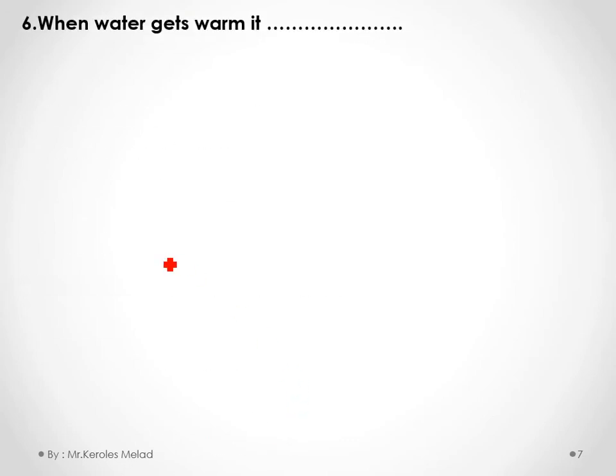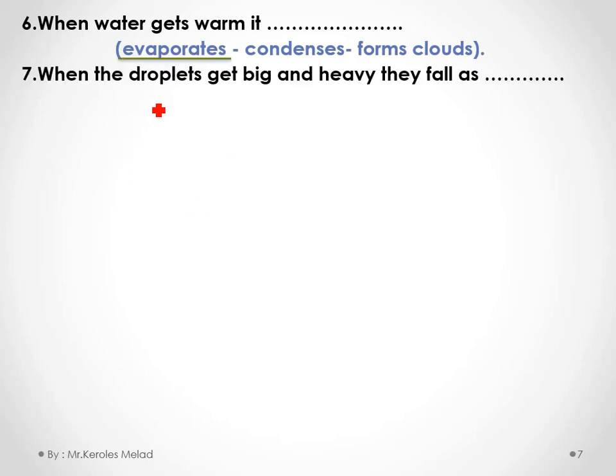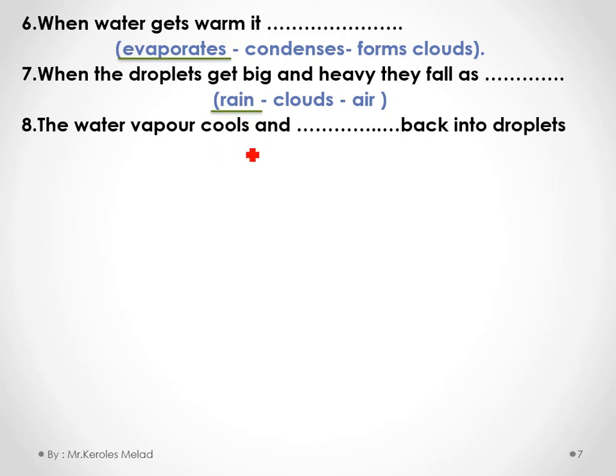Number 6. When water gets warm, it evaporates. Number 7. When the droplets get big and heavy, they fall as rain. Number 8. The water vapor cools and turns back into droplets. Number 9.